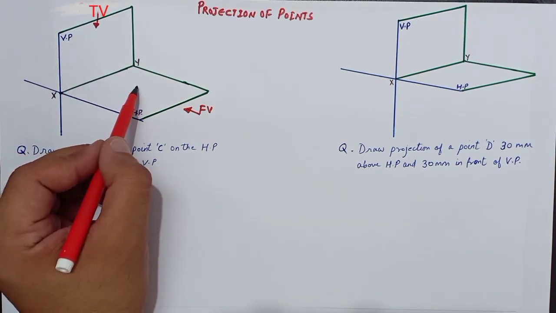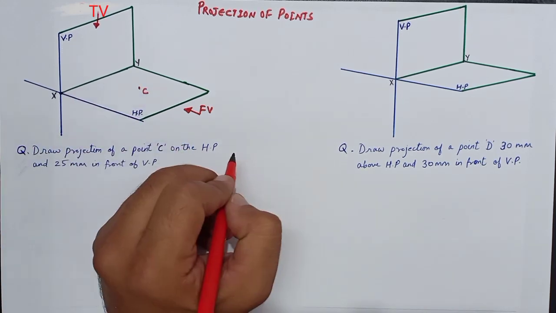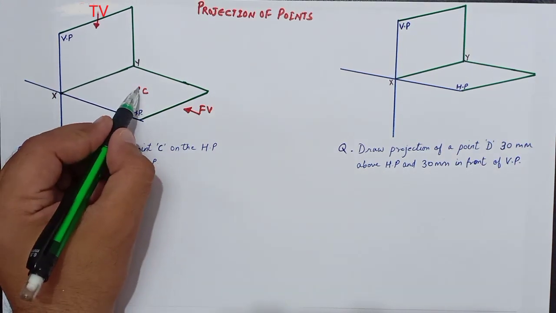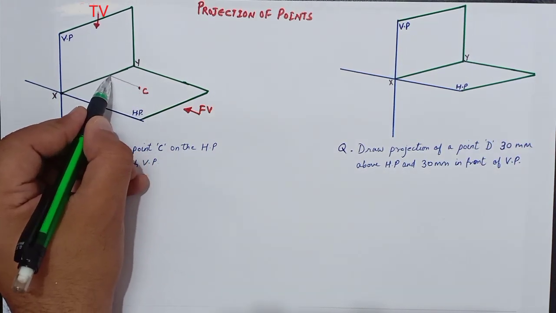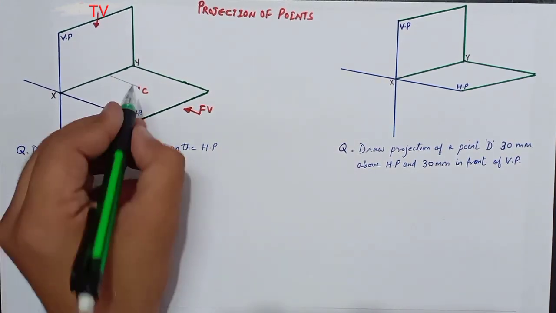So if we place a point here, C, the distance between C and vertical plane is 25 millimeter.